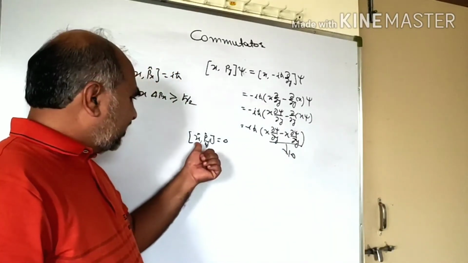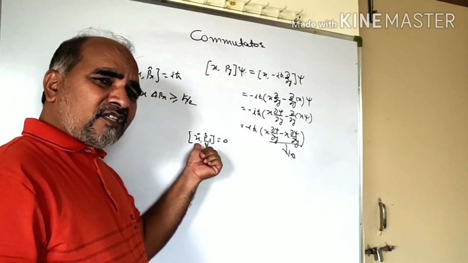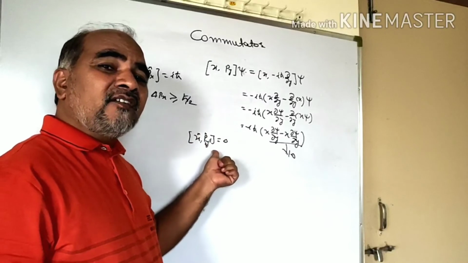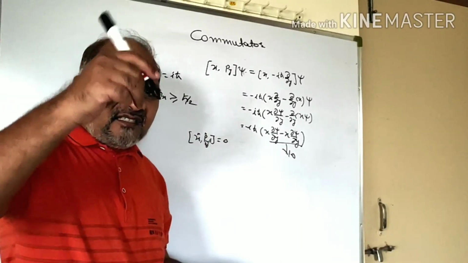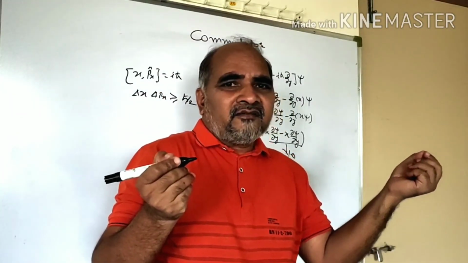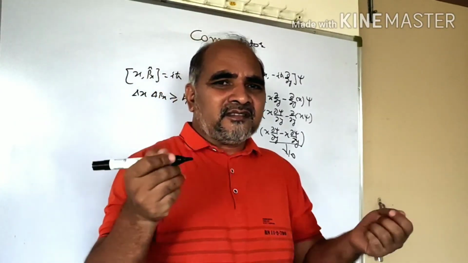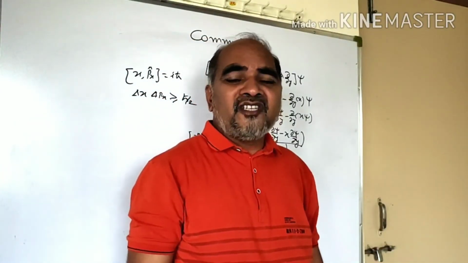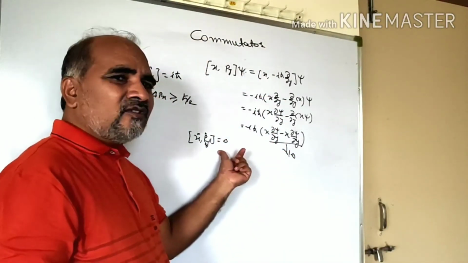That means the measurement of position along the x-axis has no effect on the measurement of momentum along the y-axis. There is no effect on each other, and therefore the commutator is equal to 0.